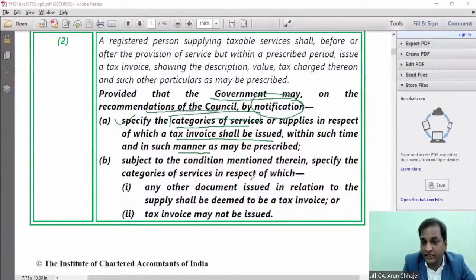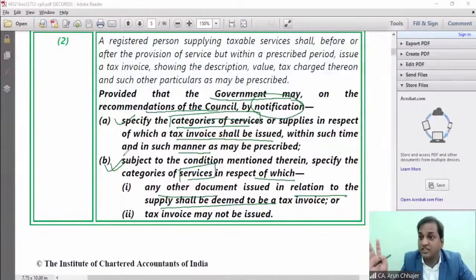Next, subject to the conditions mentioned therein, specify the category of services in respect of which any other document issued in relation to the supply shall be deemed to be the tax invoice. Now, here we will discuss the example: what are those scenarios in which, instead of the tax invoice, any other document can be issued, and that will be considered as a tax invoice.